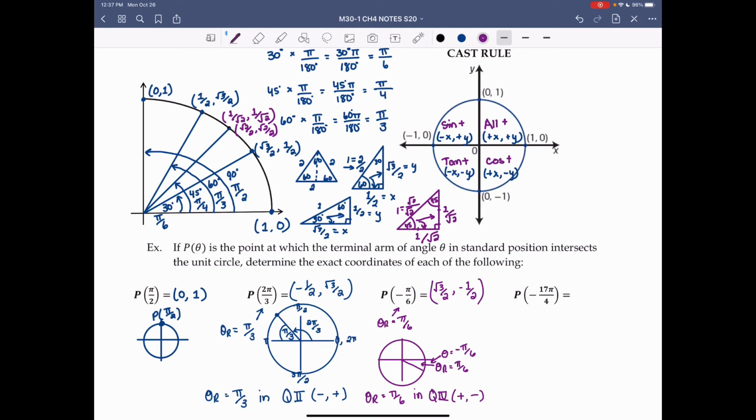Next one, p at negative 17 pi over 4. Start with, can I reduce this fraction at all? No, can't reduce that. There's nothing that divides 17 and also divides 4. So then our reference angle would be theta r equals pi over 4. We have a negative direction, so we know that it's going to go clockwise.